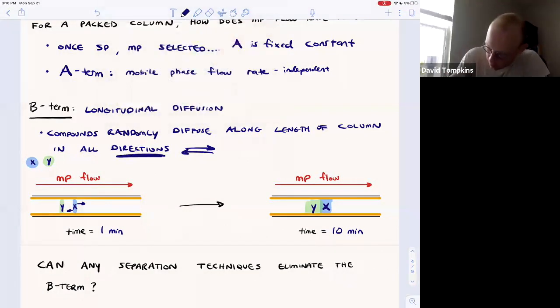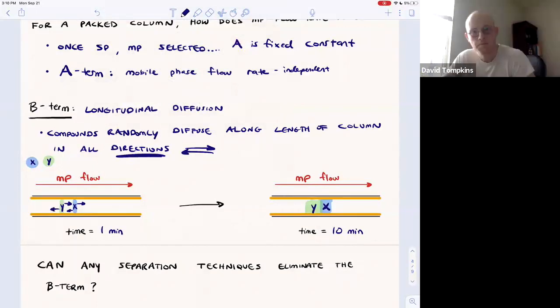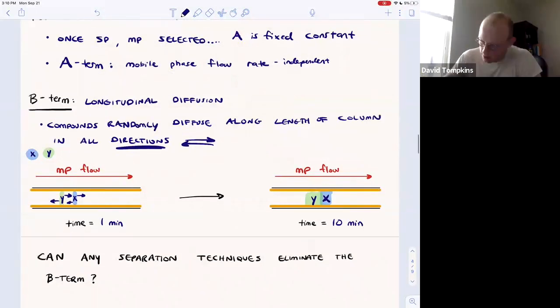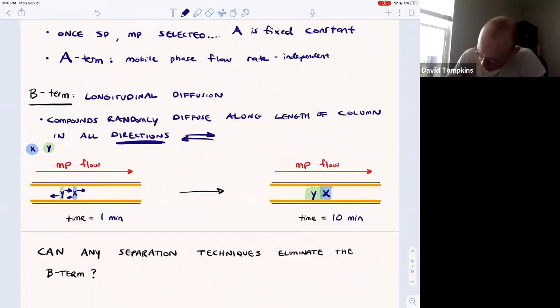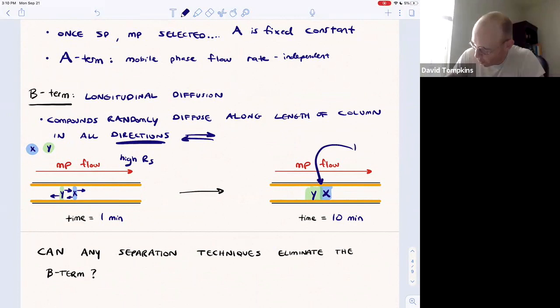And then molecule Y would also be more dispersed, with lower density here, and those bands would start to overlap. So molecule Y is experiencing the same random diffusional processes below. Here we would have good separation, or high resolution. But now, because of this overlapping, we have low resolution, or the peaks widen.